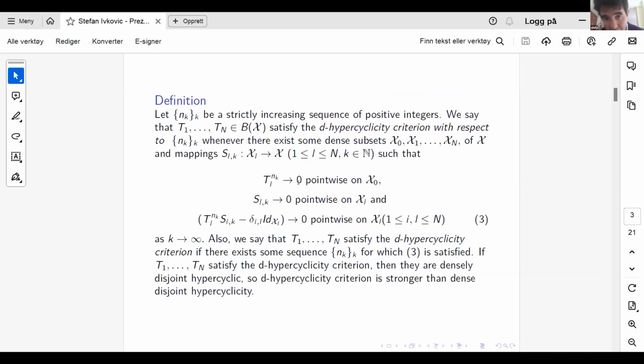Now we shall speak about a criterion which ensures dense D-hypercyclicity. This is called the D-hypercyclicity criterion.